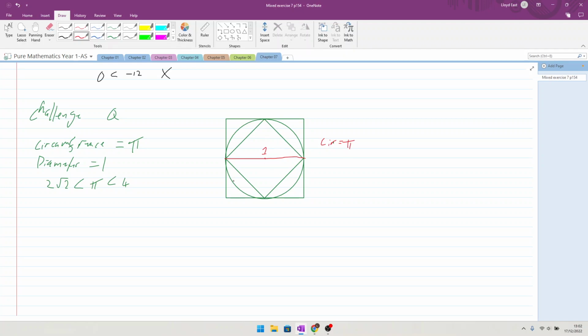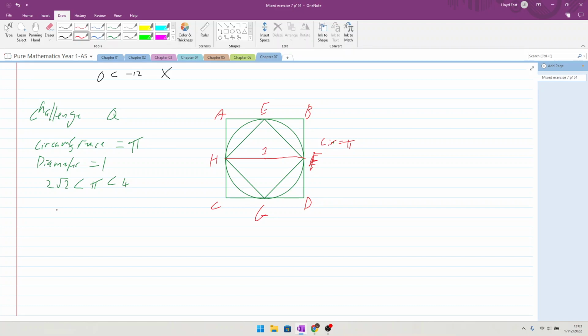So let's label it A, B, C, D, E, F, G, and H.